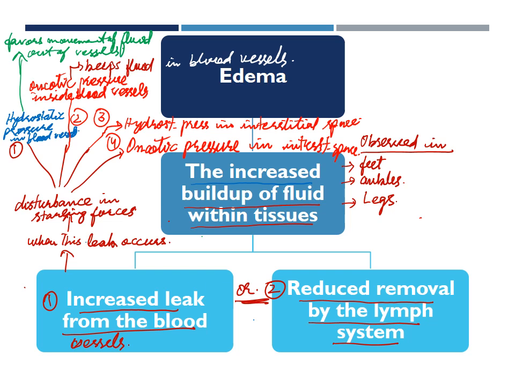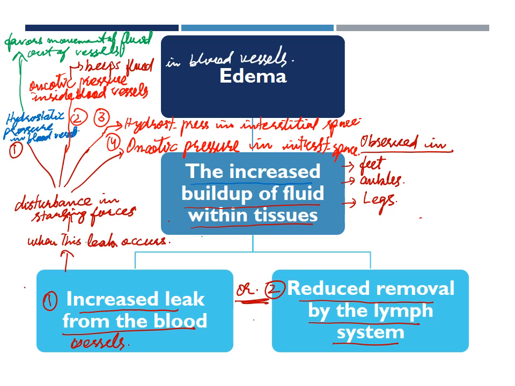When these mechanisms fail, what happens? The increased build-up of fluid occurs within the tissues, and that is called edema. It may be intracellular edema, it may be extracellular edema. Today, at the basic level, we are talking about the extracellular edema.